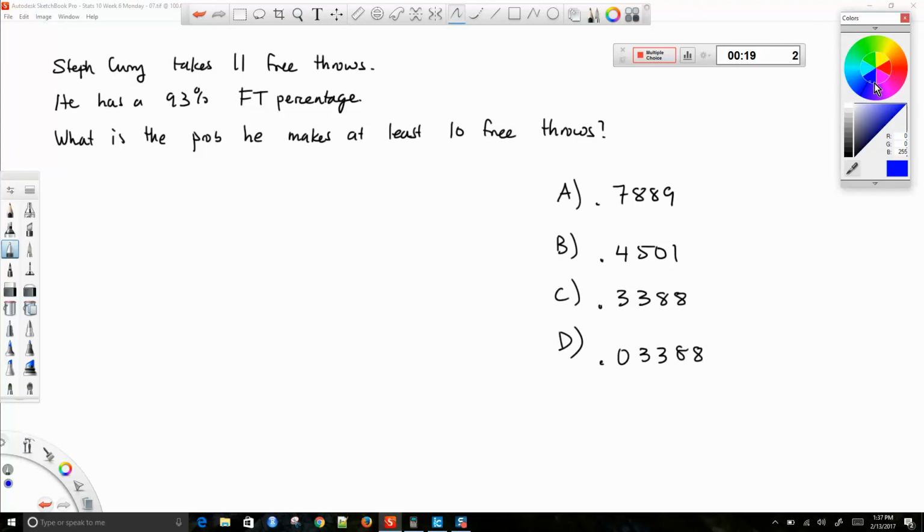Again, the key here is that it says at least 10. If you need to talk to your neighbor or work together with your neighbor, you are more than encouraged to do so. I'll let the clock run for a few moments here, so get your clicks in.